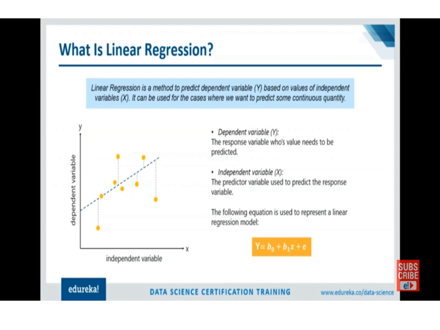Here we are going to find the value of y, so y is the dependent variable and x is the independent variable. In the same fashion, there is also an equation given here: y = b0 + b1x + e. Here y is the dependent variable and x is the independent variable, with some coefficients and a constant, right?